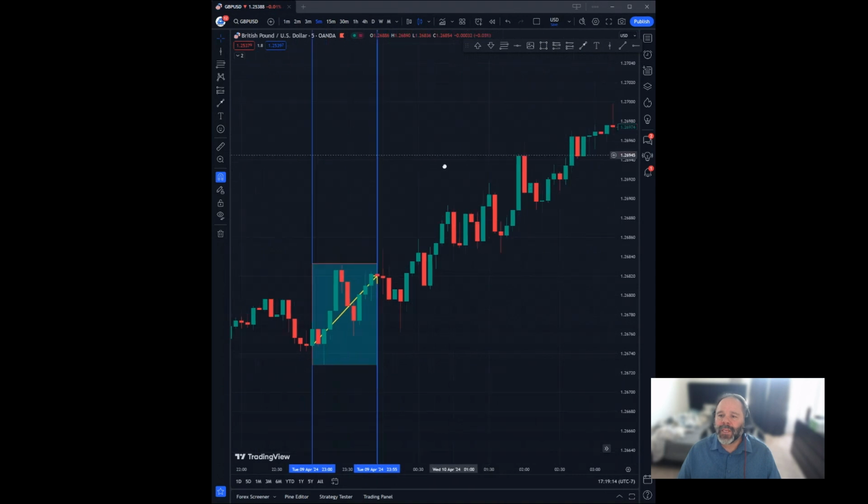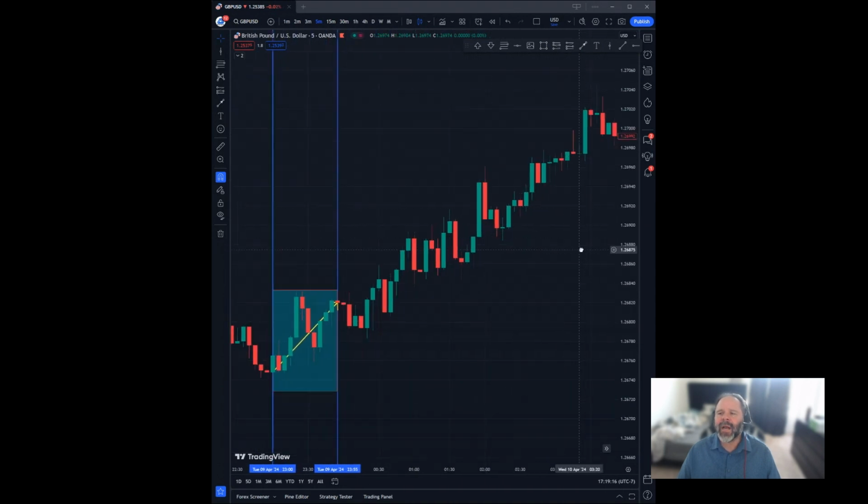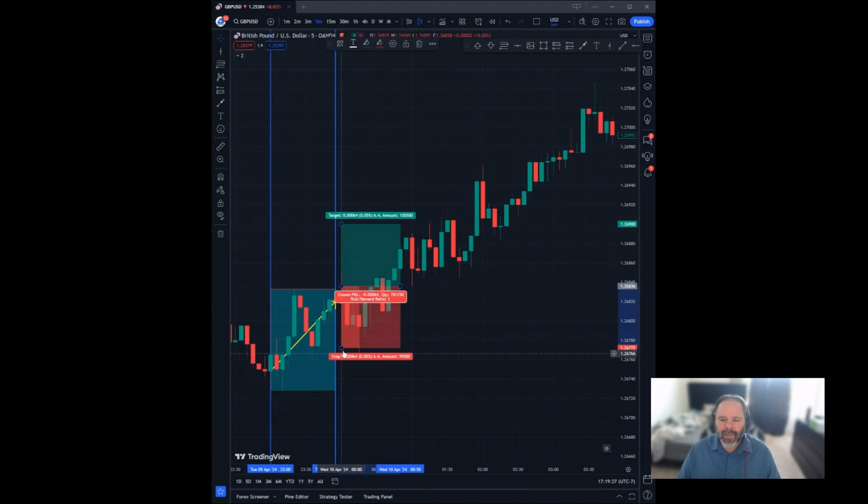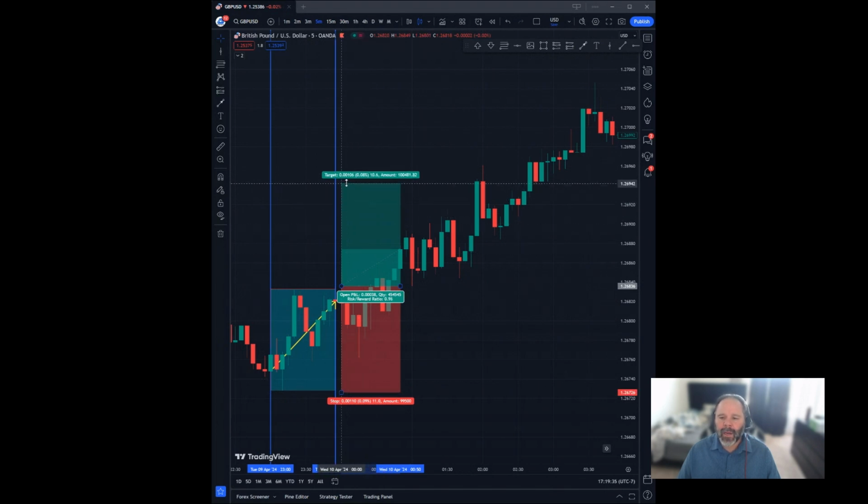Yesterday, I sent you guys this trade. So you can place your pending order immediately, giving a little space for the spread, and then your stop loss a little bit below the rectangle. Then you have a 1-to-1, which was right here.